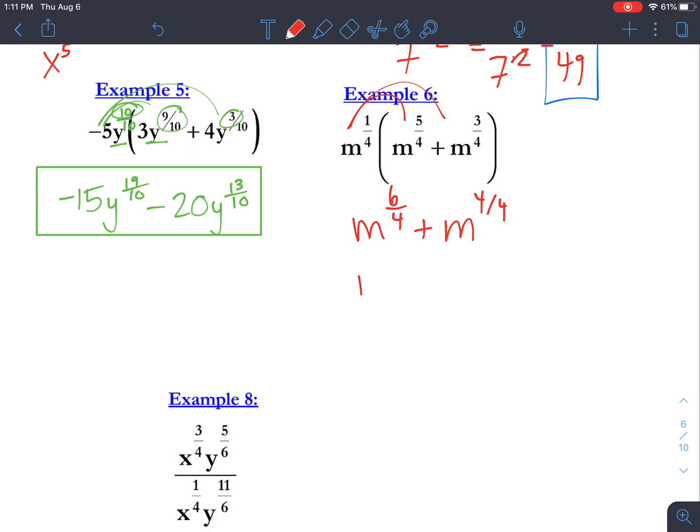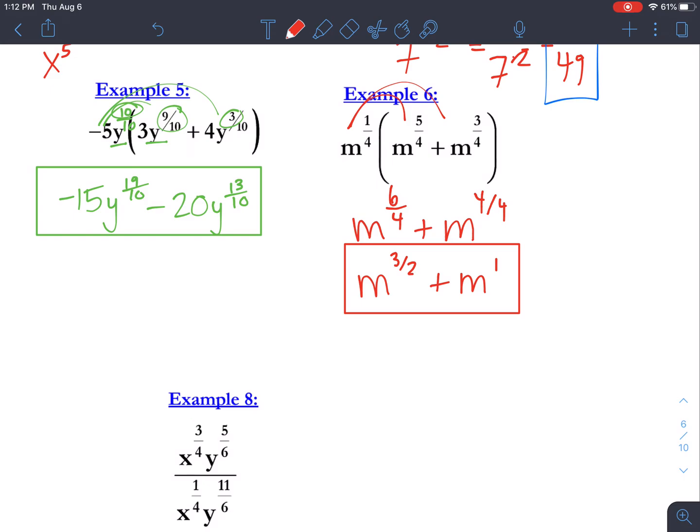And I simplify. 3/2, m to the first. Are 3/2 and 1 the same number? No. So I cannot combine these. Again, the only things you can add together are like terms, things that have the exact same variable and the exact same exponent.